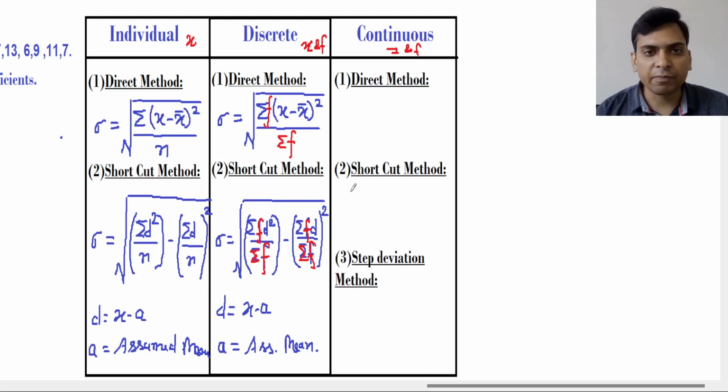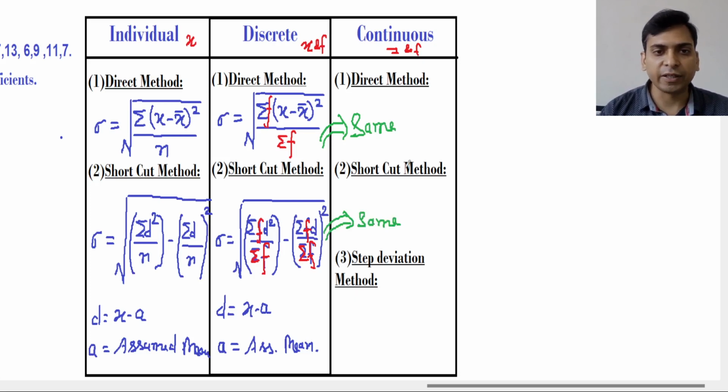Now for the direct method, you can convert continuous data into discrete form by taking the midpoint of the interval as x. So this formula is always the same because the data can be converted into discrete form. This formula is also the same. Now this one is a little bit different.